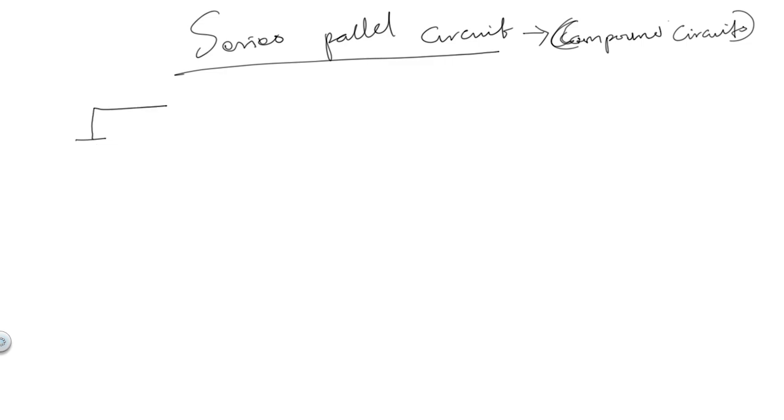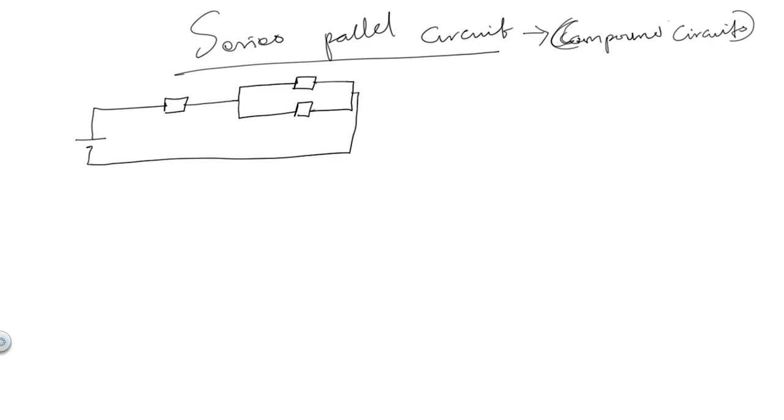And remember, we need at least 3 resistors to make a series parallel circuit. Positive, negative. So this is what we call a series parallel circuit. This is series, this is parallel.